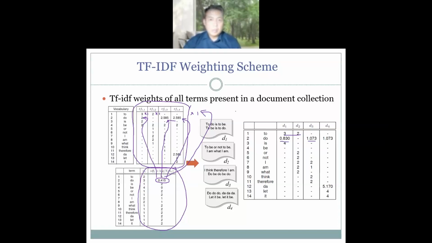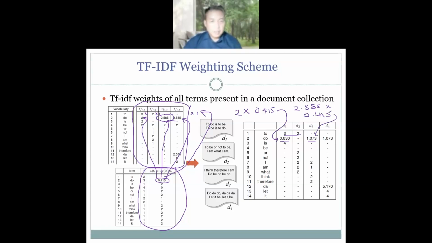Okay, so what we get is 2 times 0.45, then we get this. And for this one also, we take that one, 2.585 times 0.415, so we will get that one.